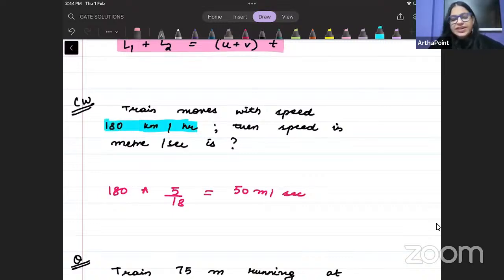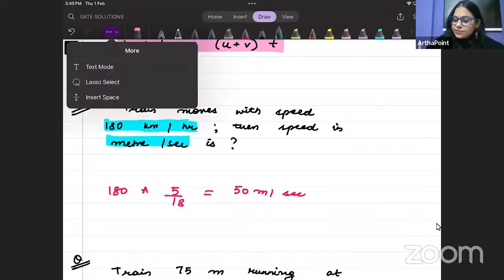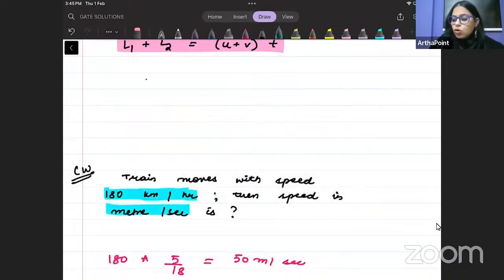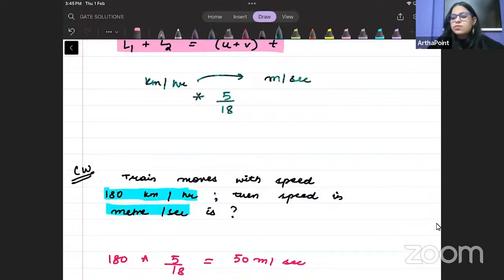We are given 180 kilometer per hour and we need to convert this into meter per second, right? So how can we convert? Listen to me carefully. If you want to go from kilometer per hour into meter per second, you will multiply with 5 by 18.